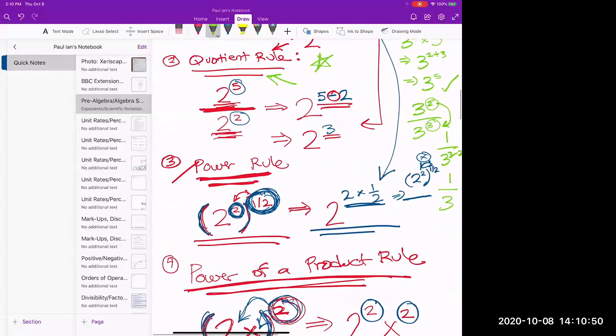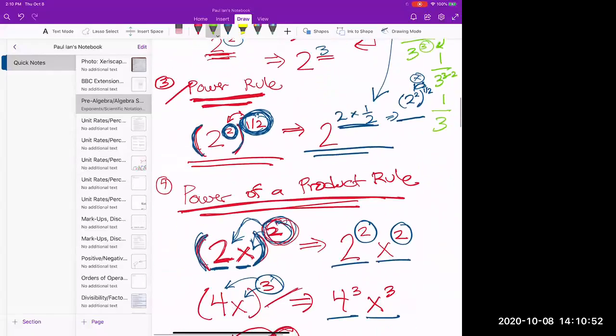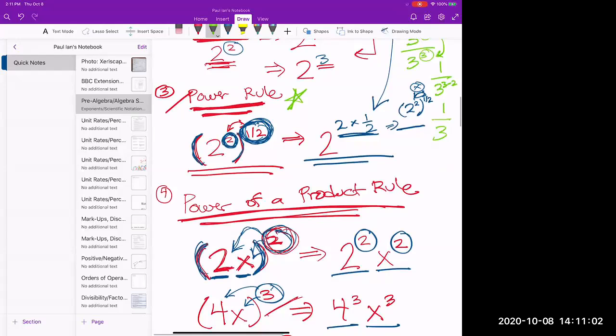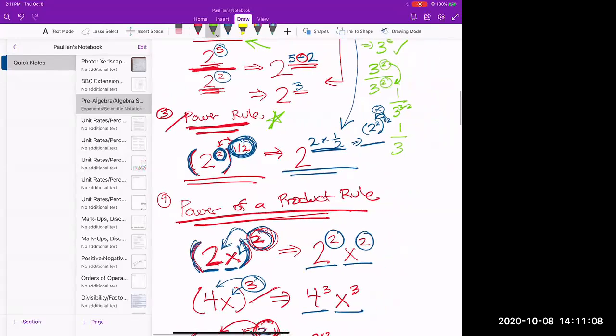And then there's this one, the power rule. The power rule is a little confusing because it's kind of like the product rule, but the difference is you have these parentheses. So if you take a look at this guy, you have a parentheses, right?